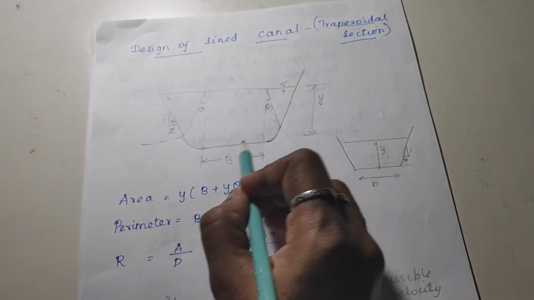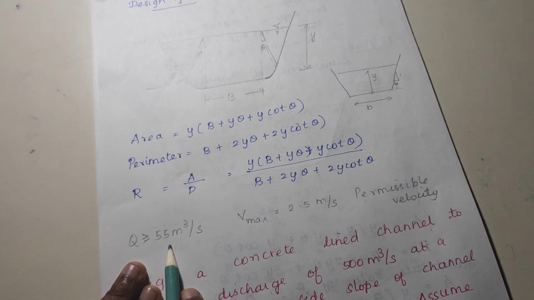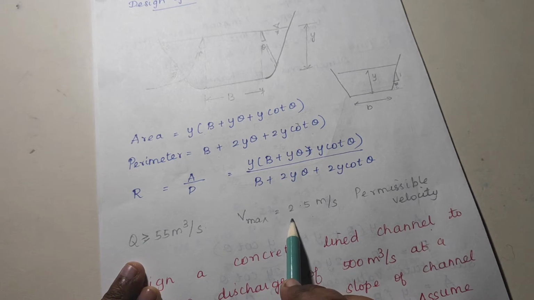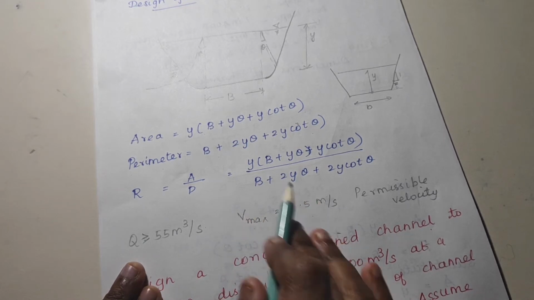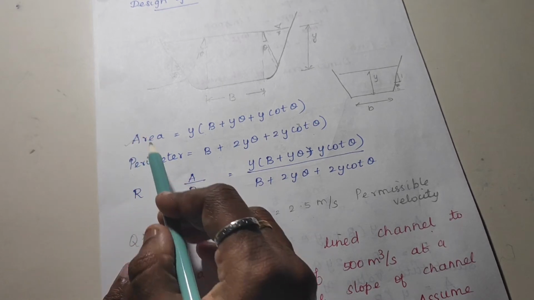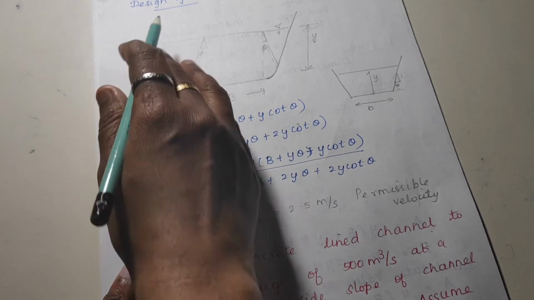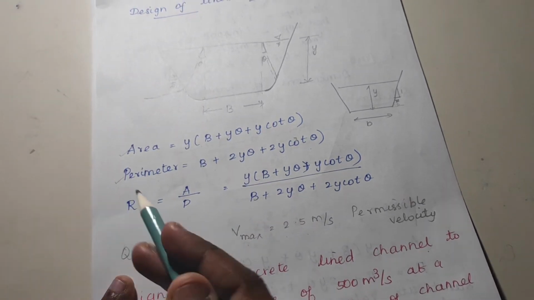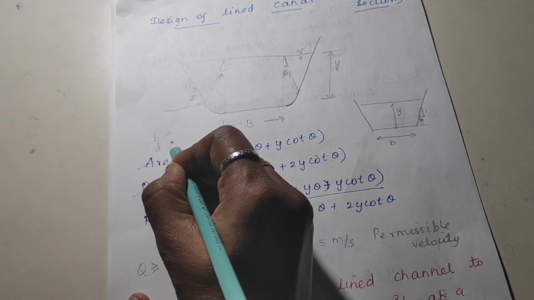That is when you have to go for this design: if your discharge is greater than 55 meter cube per second and your maximum velocity will be 2.5 meter per second. In that case you have to use this area formula and also the perimeter formula for the design. Design means nothing but you are finding out what is the breadth and what is your depth.